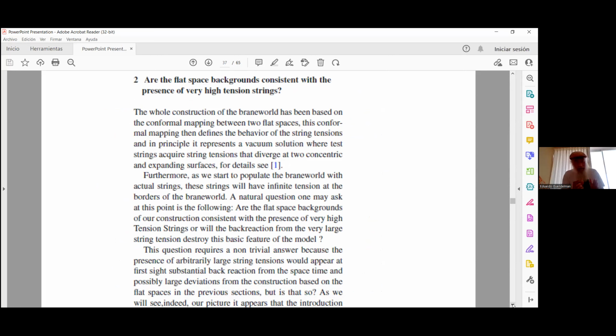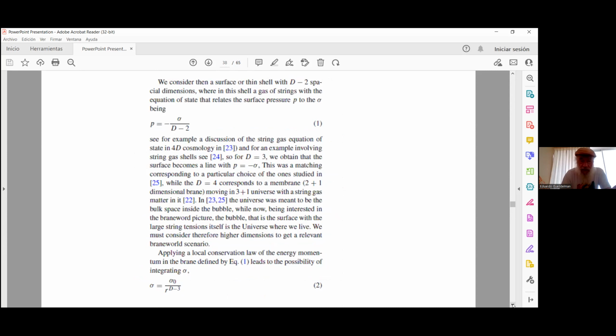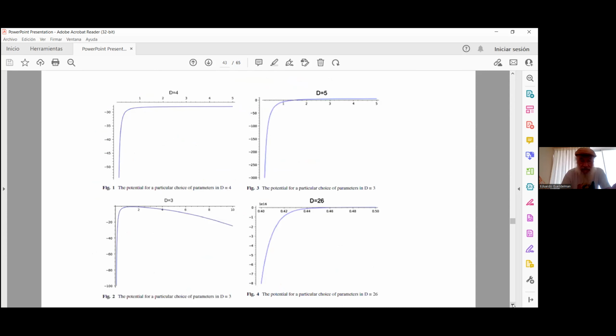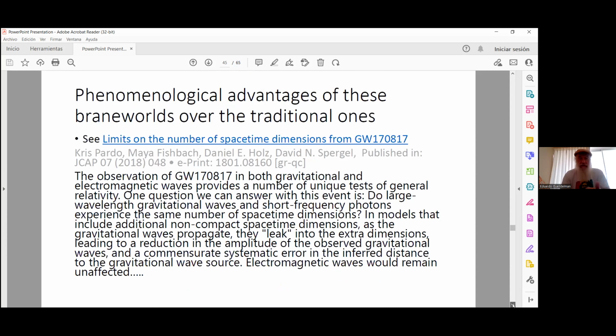The answer is no, because if you match two spacetimes, or almost flat spacetimes, in a wormhole form with a wormhole structure, you can have two flat spaces match without problem. So I go through this just to tell you that this analysis exists. Now I go to another subject.